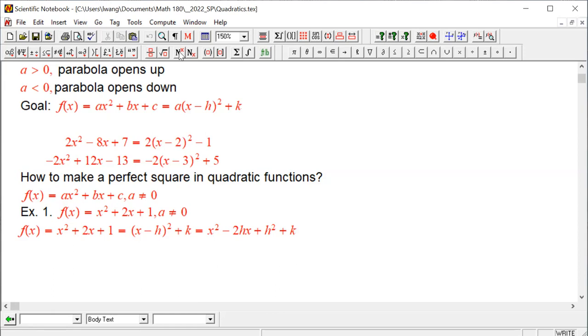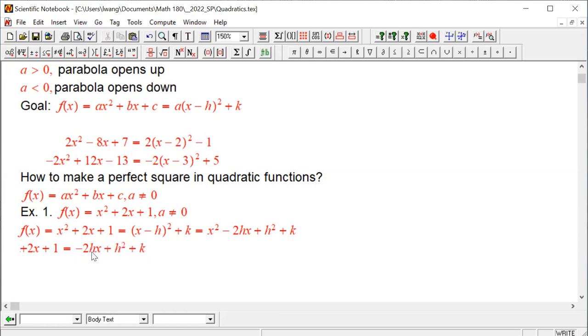If we can make these a perfect square, and we know we can, we will end up with these two equal. And x squared obviously equals x squared. There's not much to be done. The x terms have to be equal, and the constant terms too.